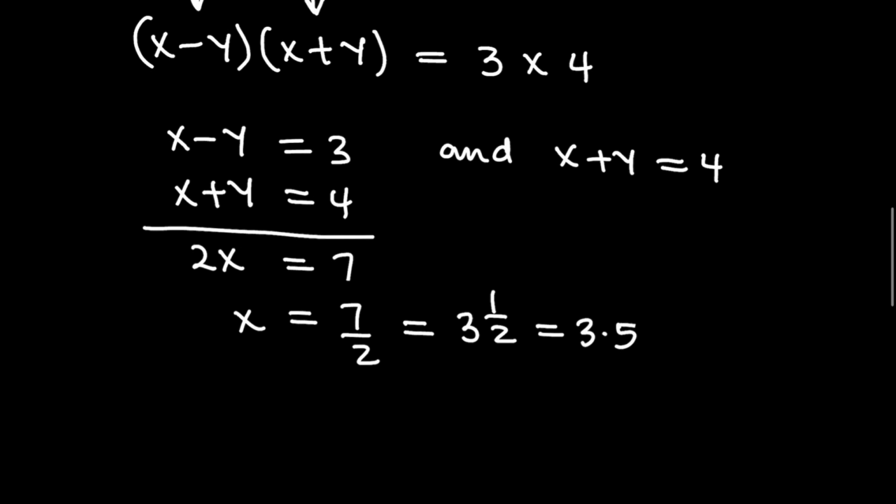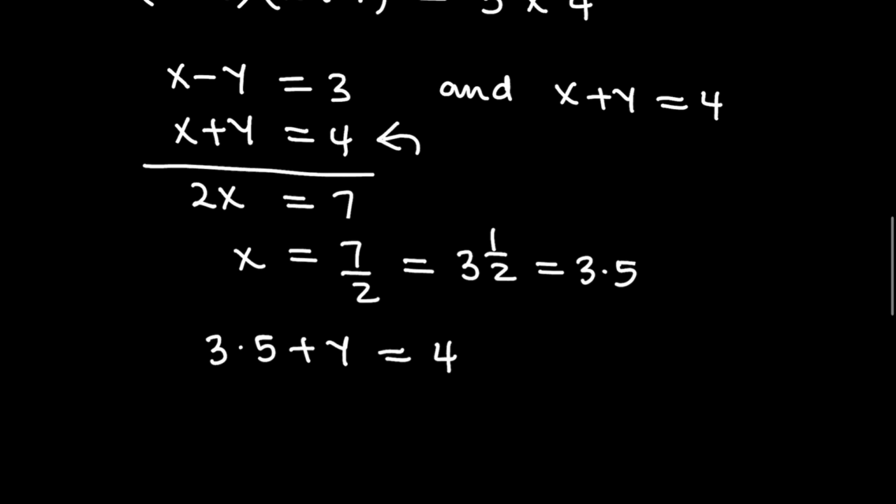And if we put the value 3.5 back into equation 2, we see 3.5 plus y is 4, and solving for y will give us 0.5, or 1 over 2, which is also not a naturally occurring number.